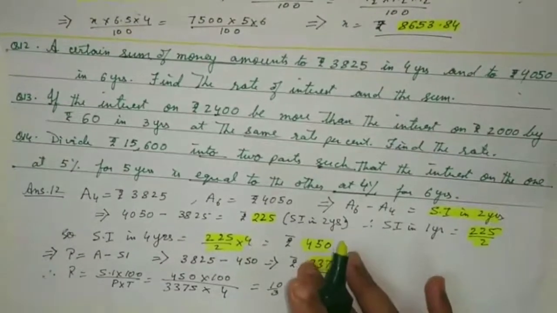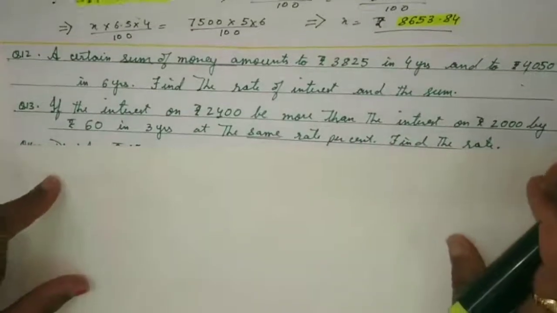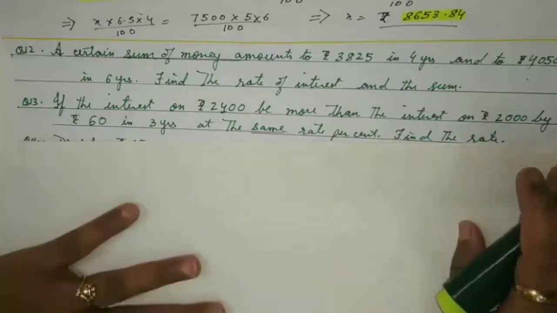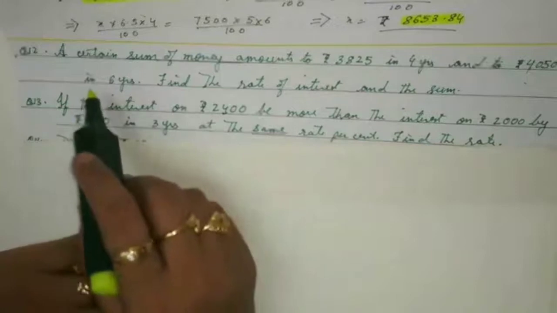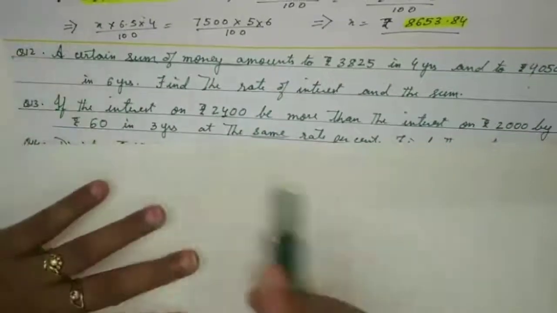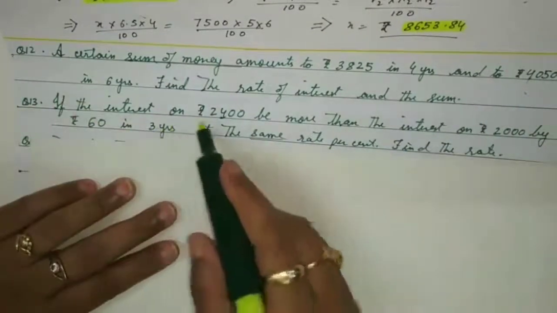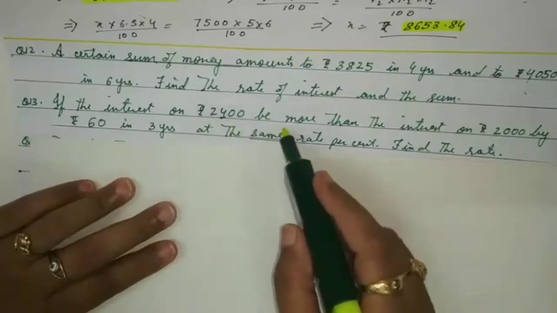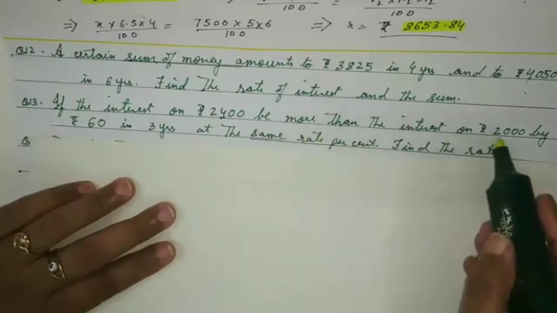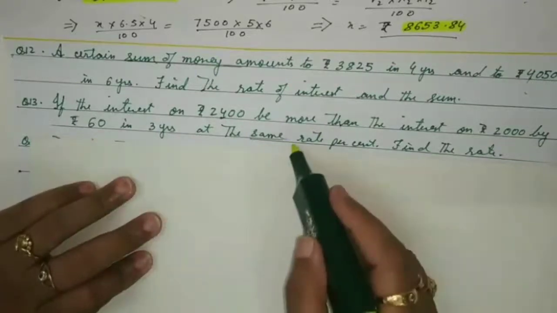Okay. Now the next question. The next question says this. If the interest on rupees 2,400 be more than the interest on rupees 2,000 by rupees 60 in 3 years at the same rate, find the rate.